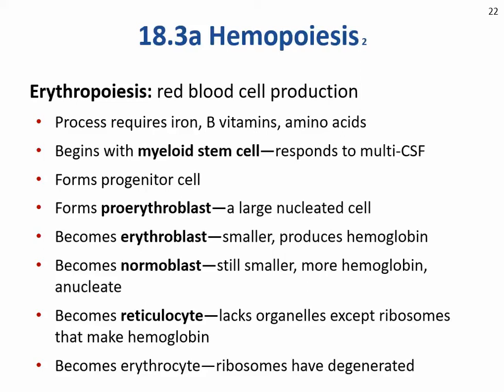People that live at high altitude have higher erythrocyte count than people that live at sea level. People that have COPD or breathing problems tend to have a higher red blood cell count because of erythropoietin, etc. Anything that can cause a lack of oxygen causes the production of erythropoietin.